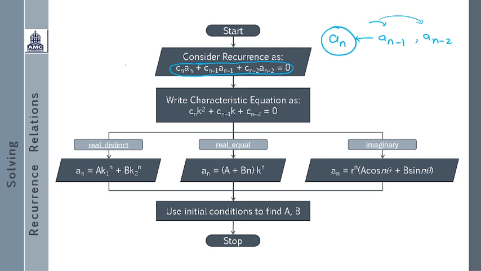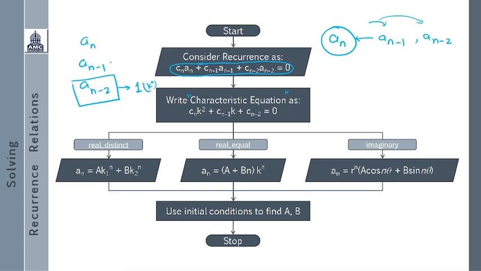Now, in this, you see that the current term is a_n, the previous term is a_{n-1}, the term before that is a_{n-2}. Right, so a_{n-2} is the most primitive of all terms. So, while writing the characteristic equation for this particular given recurrence, we assign the parameter 1, or k to the power 0, for that basically, right?